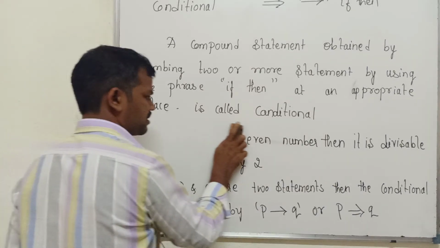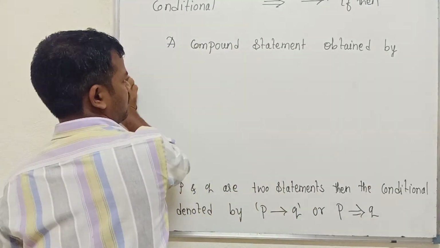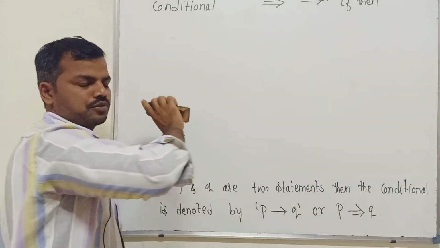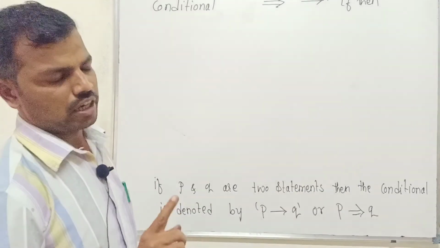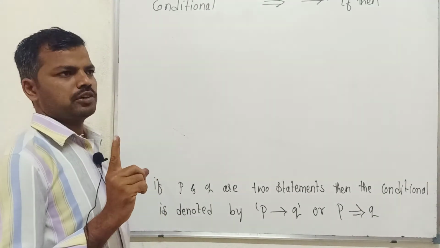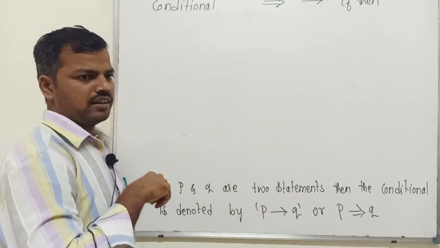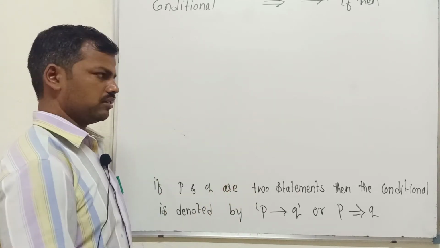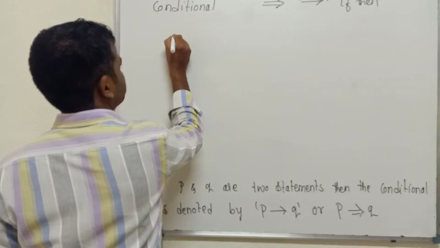So let me see its truth table. It is true in all cases, but it is false only when P is true and Q is false. P true and Q false, so false.